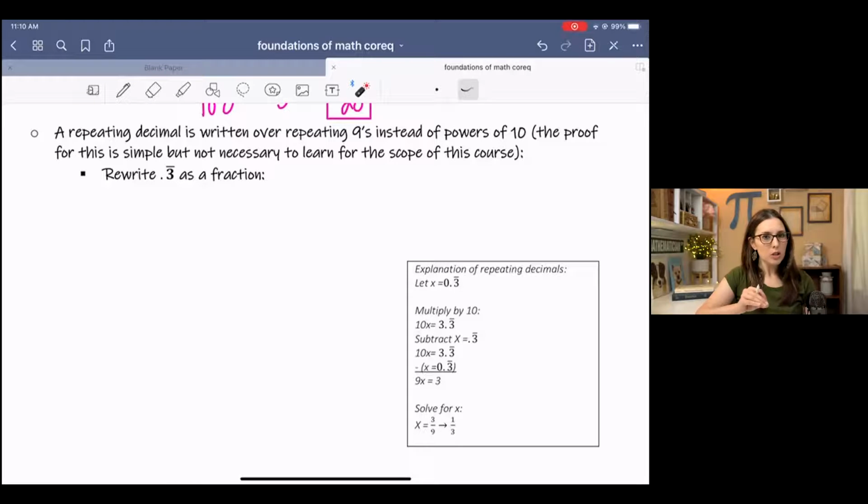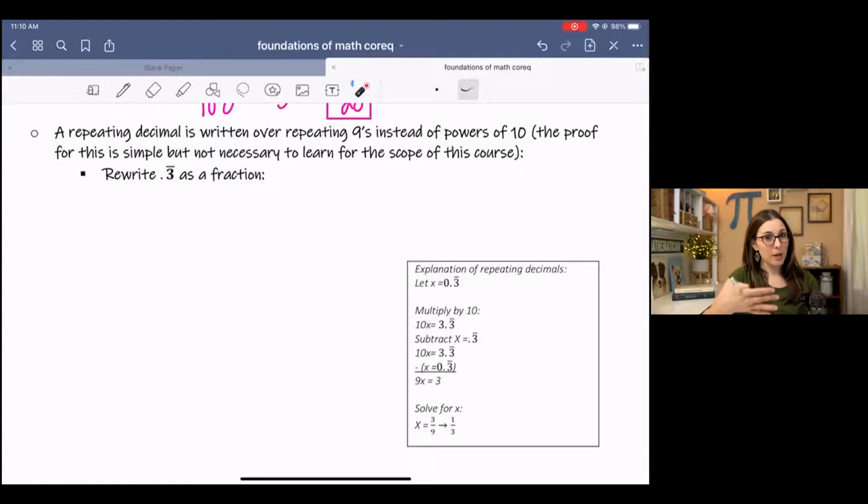We're still going to use place value. So the number that is repeating in this case is just a 3. There might be situations where like 45 is repeating, so 0.45454545 and so on. So depending on how many decimals are repeating decides which place value you use. In this case, it's 1 decimal, so you would think, oh, it's 3/10.